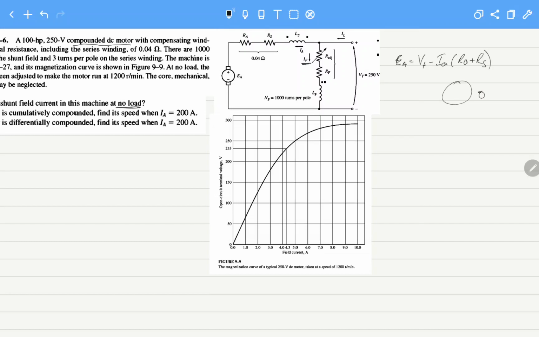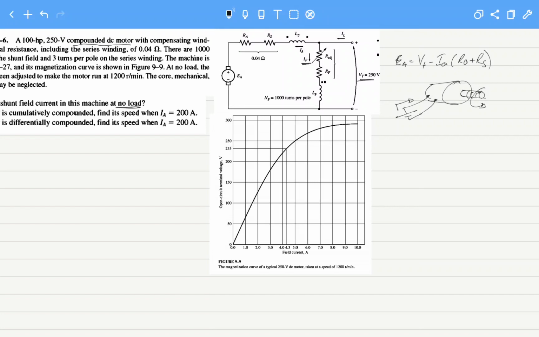Now here there is one concept that I would like you to know. For example, this is the DC motor, it is rotating and we have connected it to the source Vt. In the examples we have seen that even when the motor is not loaded, there is a current going inside the motor, going to the field and also to the armature of the motor, which we calculated as mechanical or rotational losses.